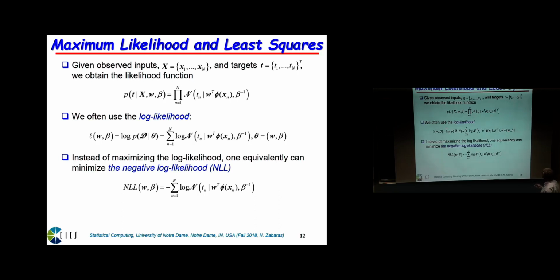So the log likelihood looks like this. I indicate all the parameters W and beta as the vector theta. Often you will see the negative log likelihood: the log likelihood you have to maximize, while the negative log likelihood, with a minus sign, you have to minimize.